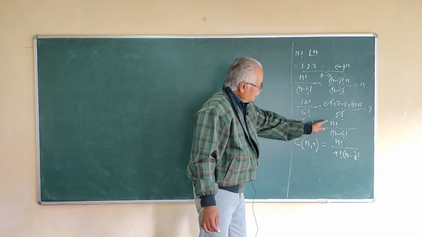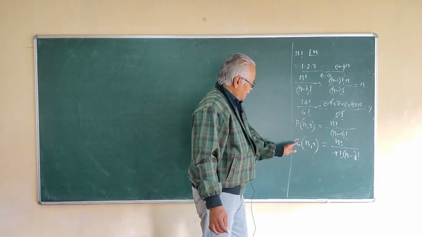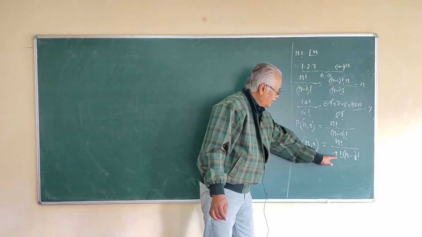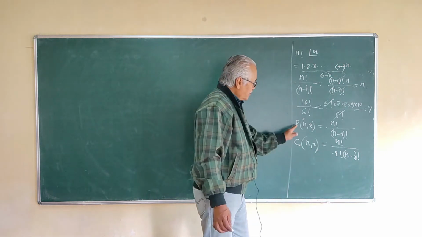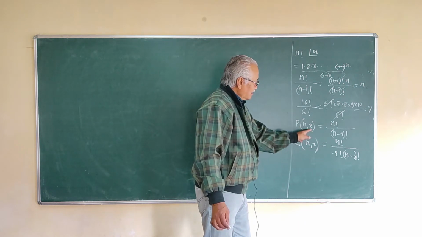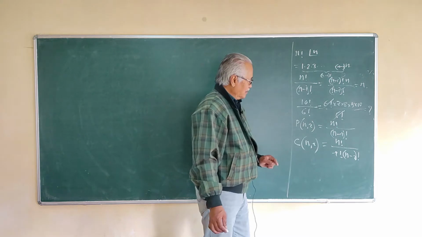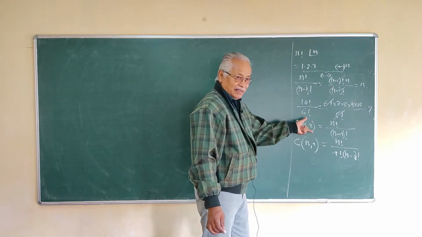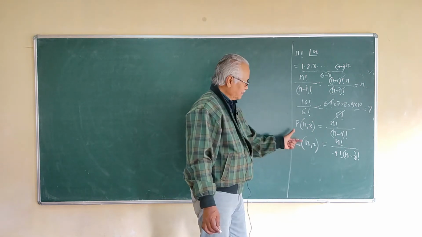So obviously when you look at these quantities, nCr is being divided by r factorial as well as n minus r factorial, whereas nPr is divided only by n minus r factorial. Obviously the value of nPr is greater than nCr. Fine? Okay.